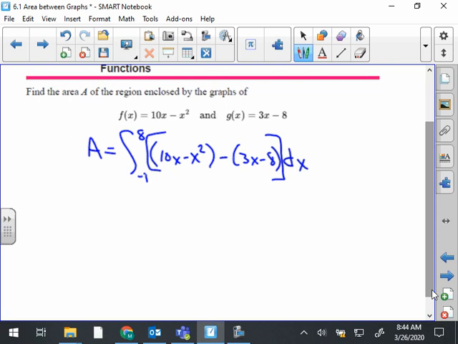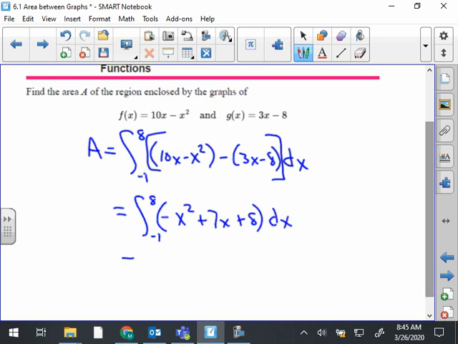Okay, so let's simplify this a little bit here. You can rewrite this as the integral from negative 1 to 8 of negative x squared plus 7x plus 8 dx.